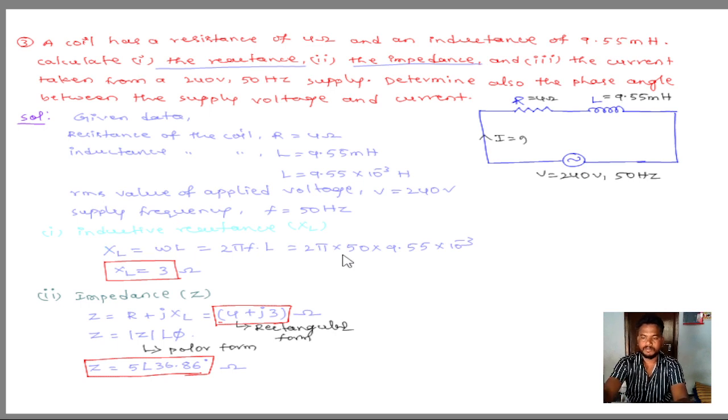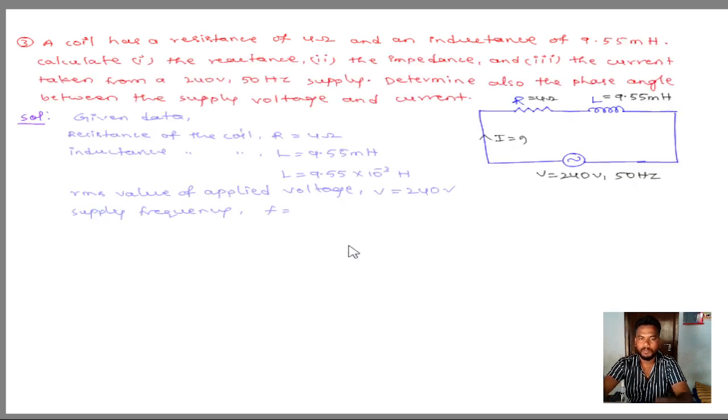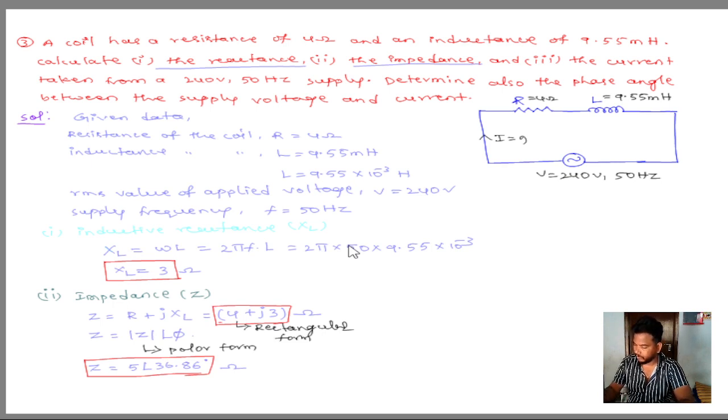Then next bit. What is the next bit? Current taken from the supply, meaning we need to calculate the RMS value of current. Current taken from the 240 volts 50 hertz supply.